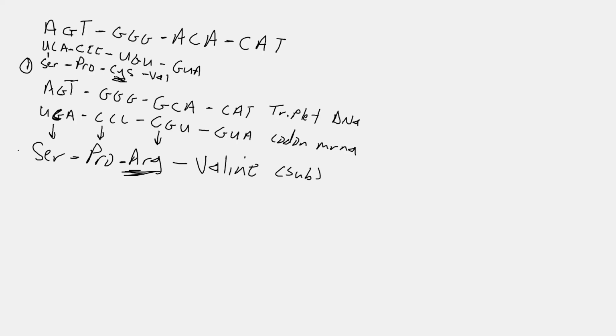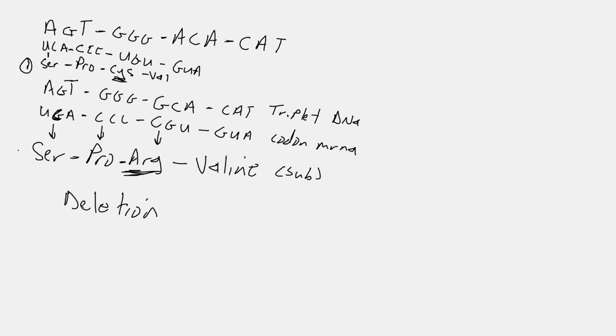Yes, sir. Okay, good. All right, now let's do a deletion one instead. Remember, deletion is a frame shift mutation. We're using the same thing here, that's where we're starting.